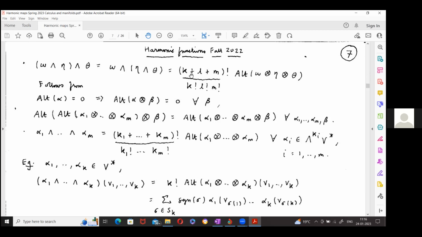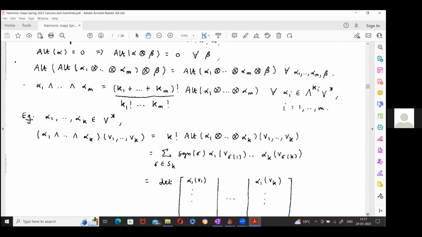It's given by K plus L plus M factorial divided by K factorial L factorial M factorial times alt of omega tensor eta tensor theta, where K, L, M are the degrees of omega, eta, theta. And similarly, for higher order wedge products, you have a similar formula. The wedge product of M forms, alpha 1 to alpha M, will be the sum of K1 up to Km factorial divided by K1 factorial up to Km factorial product, times alt of alpha 1 tensor up to alpha M.